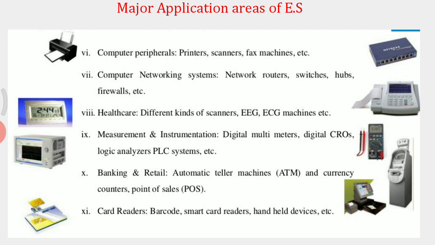Banking and retail, like ATMs, currency counters, and point of sale (POS) machines, also fall under embedded systems. Card readers like barcode readers or smart card readers, and handheld devices, all fall under embedded systems.